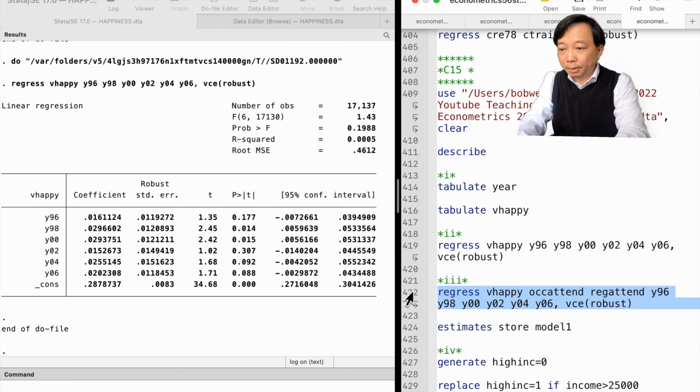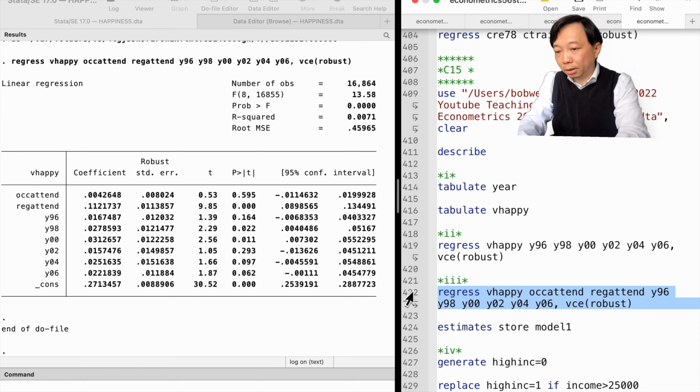The base group is those who never go to church or only once a year. The coefficient on the dummy for those who occasionally go to church is practically tiny and statistically insignificant. The coefficient on the dummy for those who regularly go to church is 0.112.